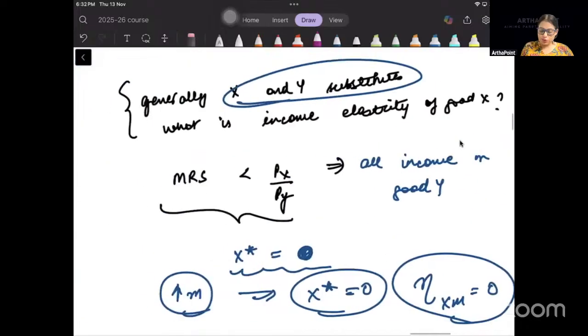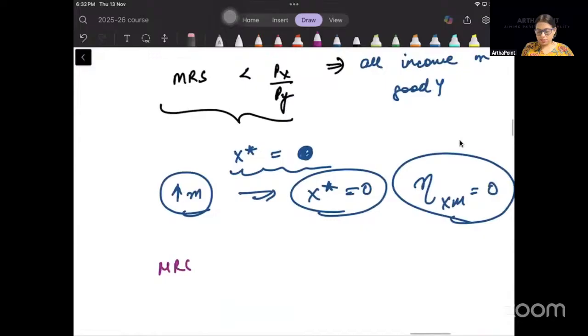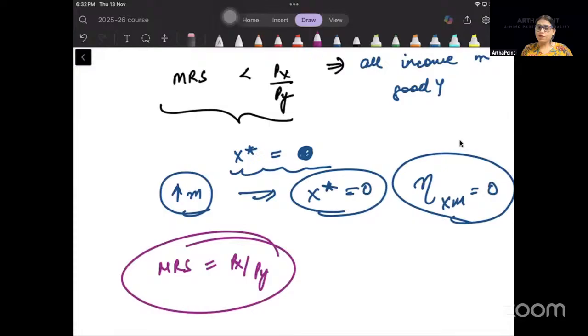माने अगर suppose MRS equal to PX by PY है, तो फिर I may not spend my entire income on good X. मैं थोड़ा good X खरीदूंगी, थोड़ा good Y, क्योंकि दोनों सेम है. ये वो condition है where my budget line and indifference curve are coinciding. तो अगर दोनों coincide हो रहे हैं, so all my points are equilibrium.